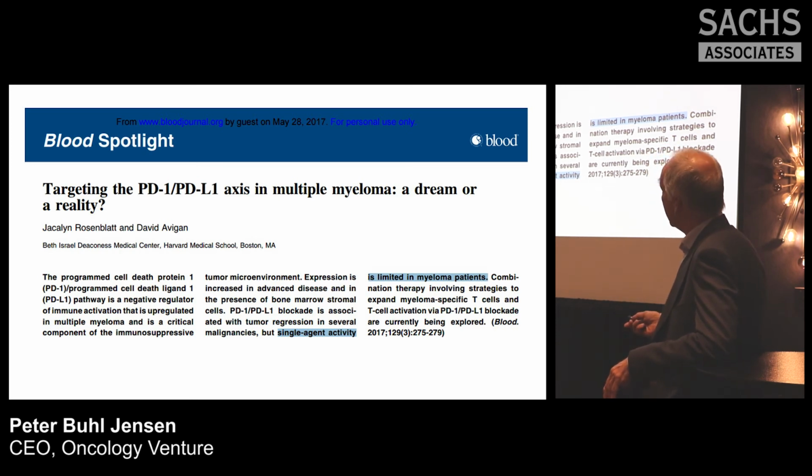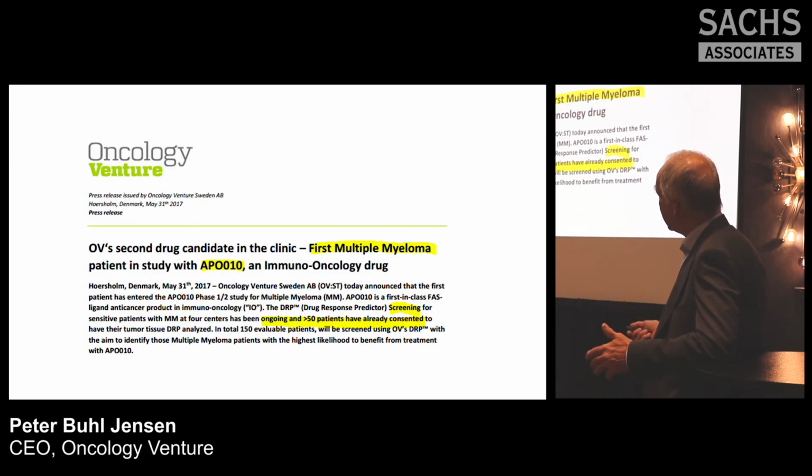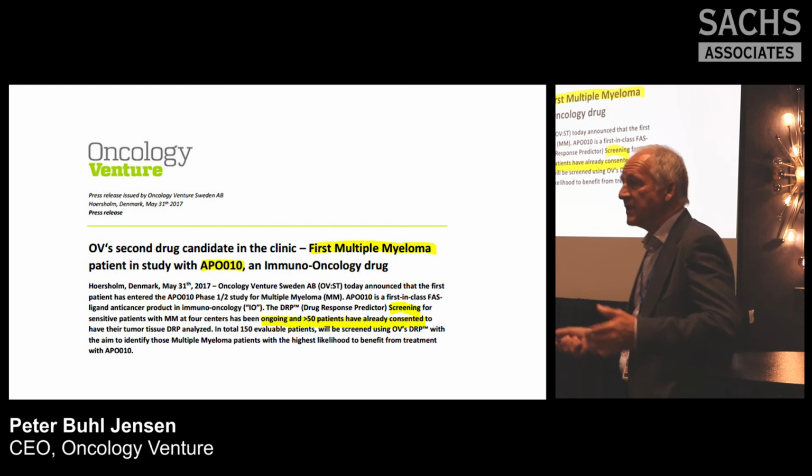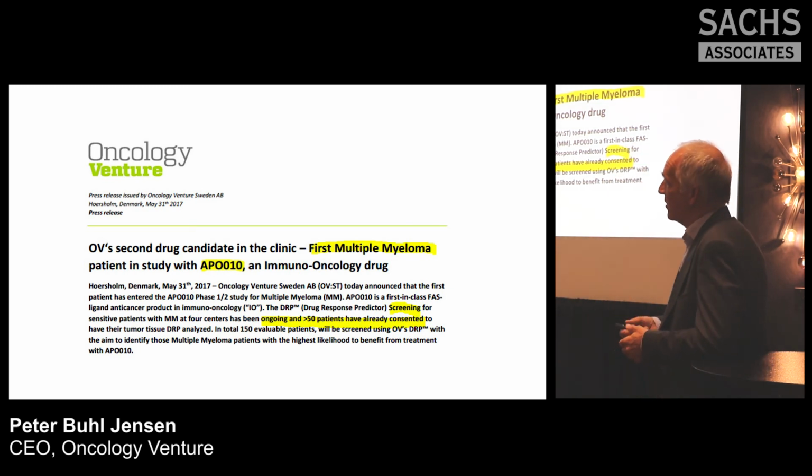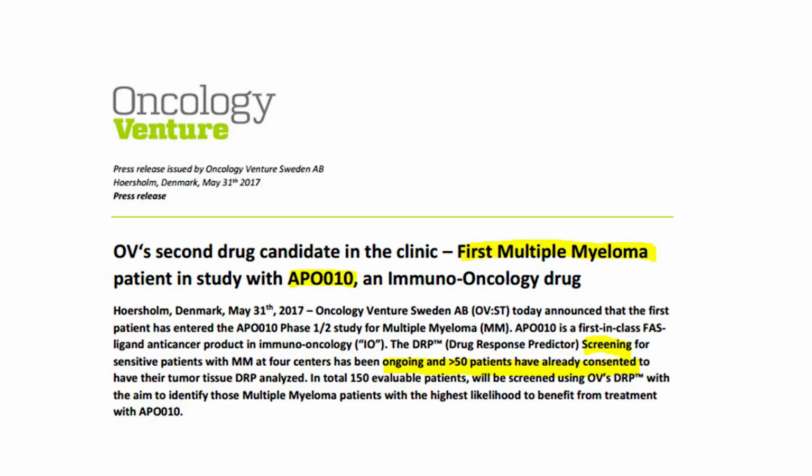And we have just started now a phase 1/2 trial in multiple myeloma, where we have used our drug response predictors, so that we are only including the high likely responders, but we also, of course, aim to look at turning tumors hot in this setting. But right now we are doing Apo10 as an anti-cancer agent directly in multiple myeloma patients that are selected for high sensitivity to our product.